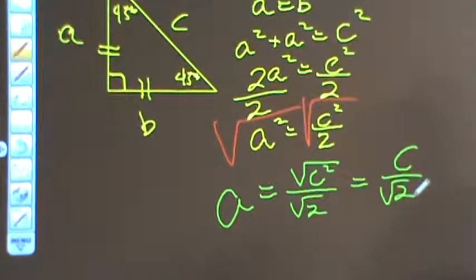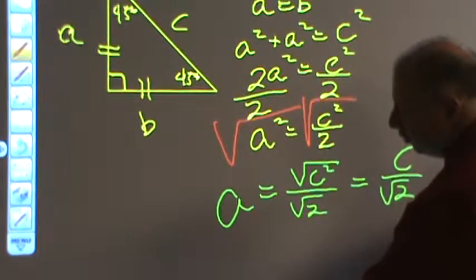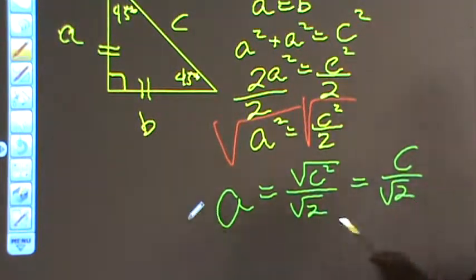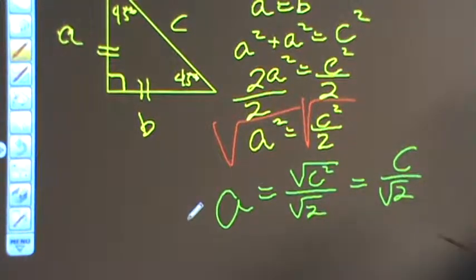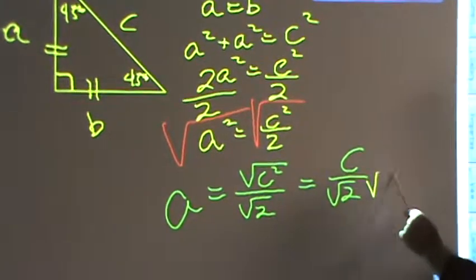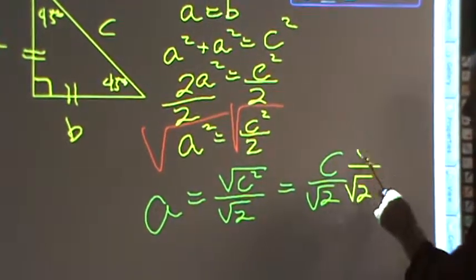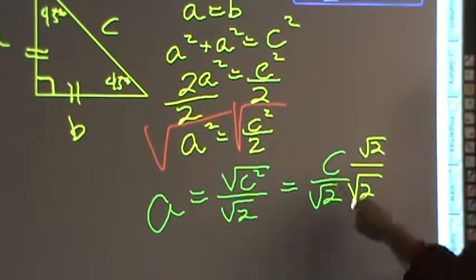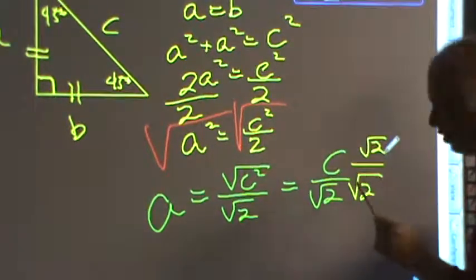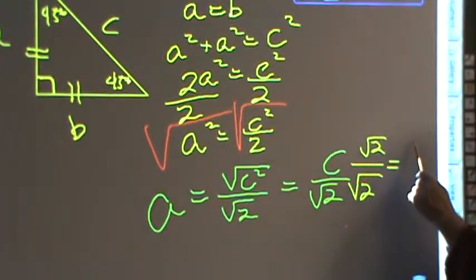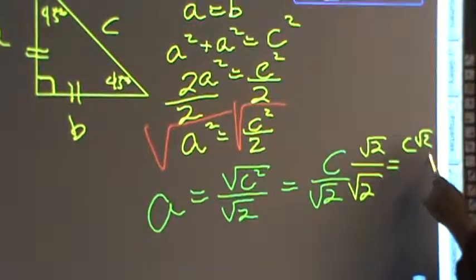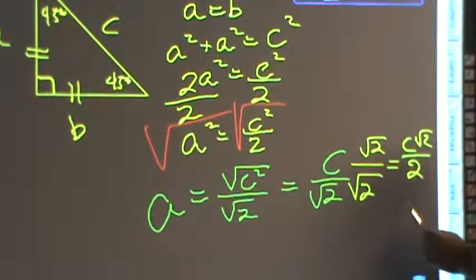But wait a second, from what we've learned, you can't have a radical in the denominator. So if I multiply it by 1, don't forget this number, square root of 2 over square root of 2 happens to be 1. Your answer will be C square root of 2 over 2.